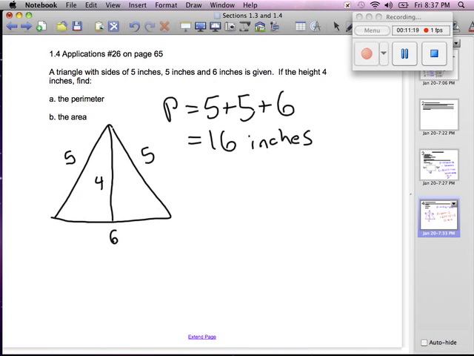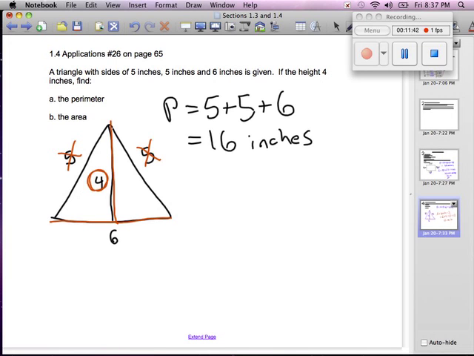And for the area, it is a very, very common, tricky problem to have a triangle area question with this extra information out here. The height is always the height straight up and down from the base. No diagonal sides. We want the height straight up and down from the base.